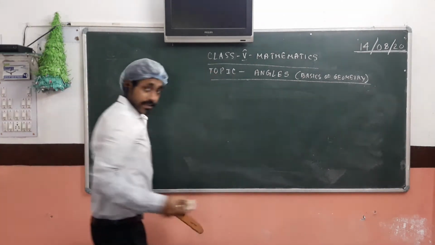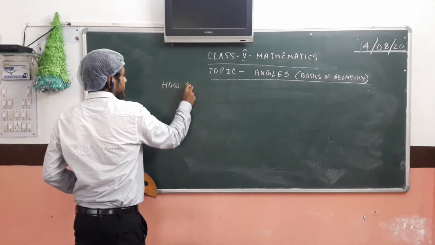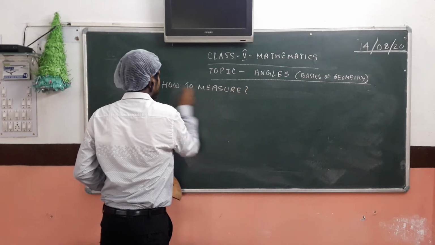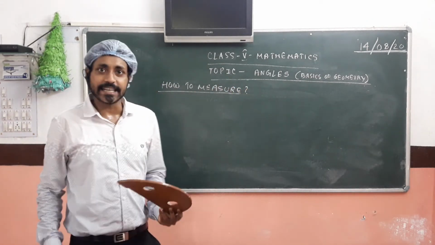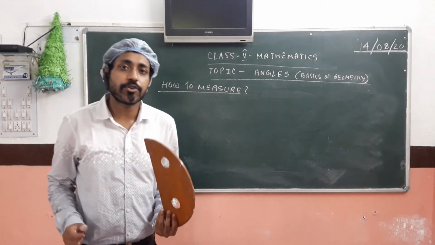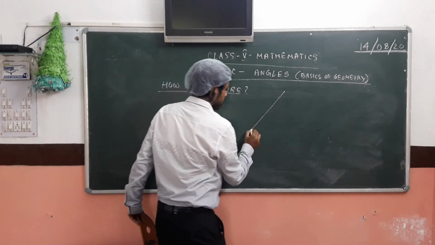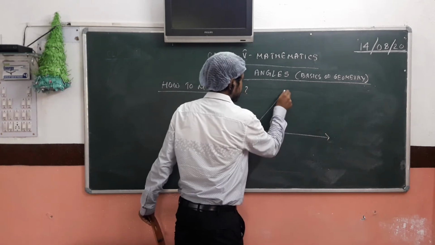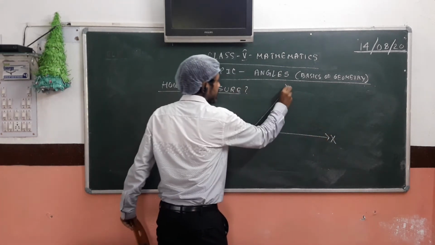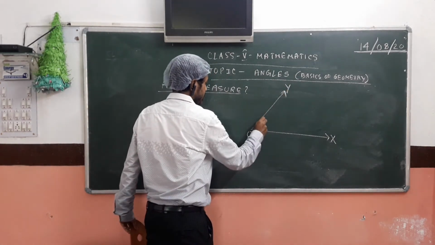How do we measure angles? That is the main question. What is the procedure that we require to measure angles? We first draw an angle, say OX and OY. We can use any names for the angle and the vertex.